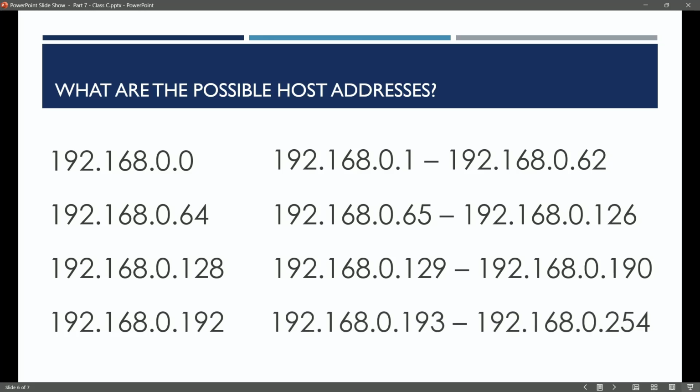And finally, that would go from .193 up to 256, but that's not even possible for a network. 255 is the broadcast. So one less from that is the last usable host address on the .192 network, and that is .254. Now, this is all wonderful, and we're going to do more practice, and you will be practicing.